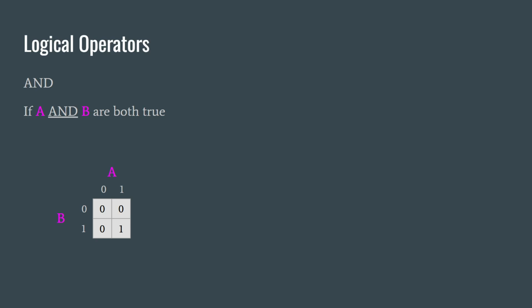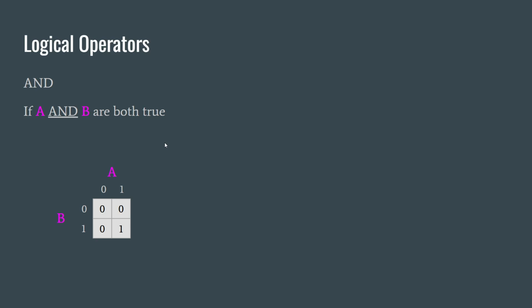All right, so the first operator is the AND operator, and we have here in the bottom left-hand corner what's called a truth table. The way you read this truth table is this is the value for A, this is the value for B, and this is the result of that operation if those two are the inputs.